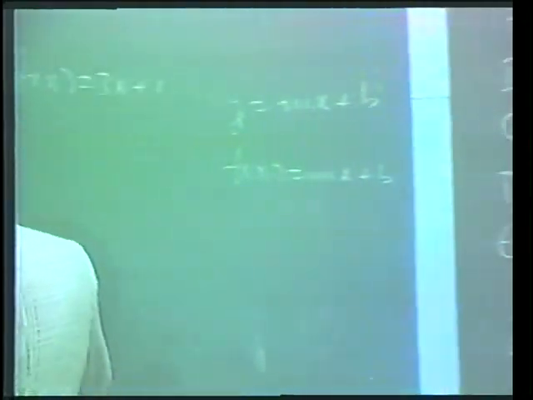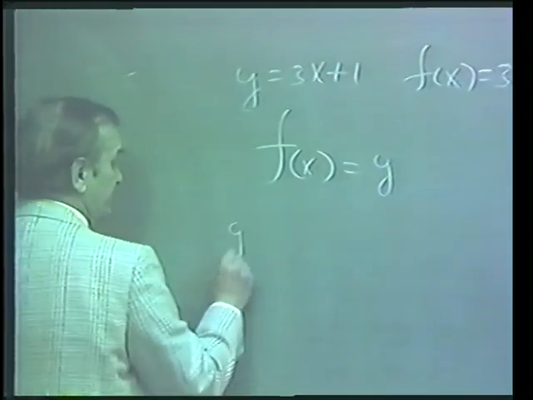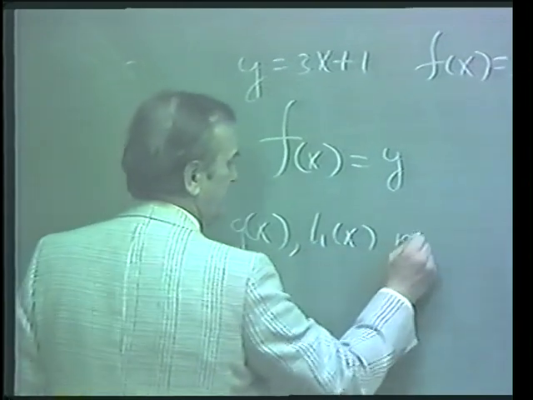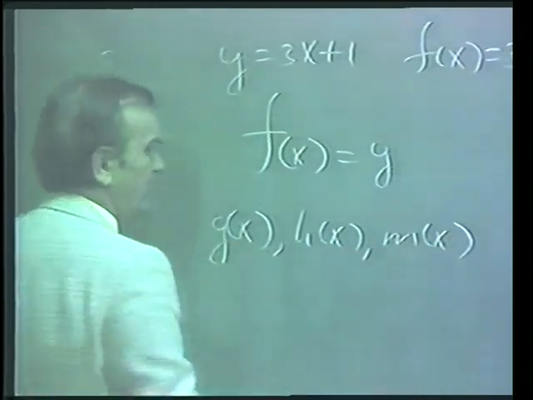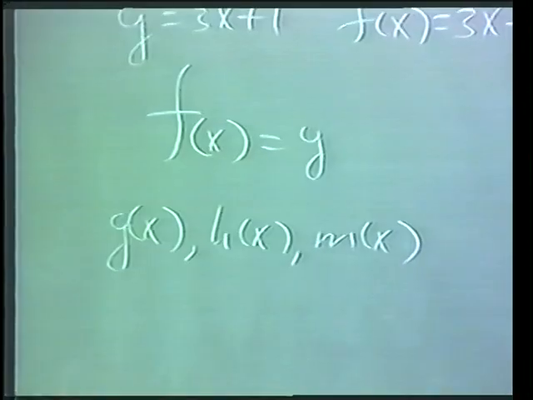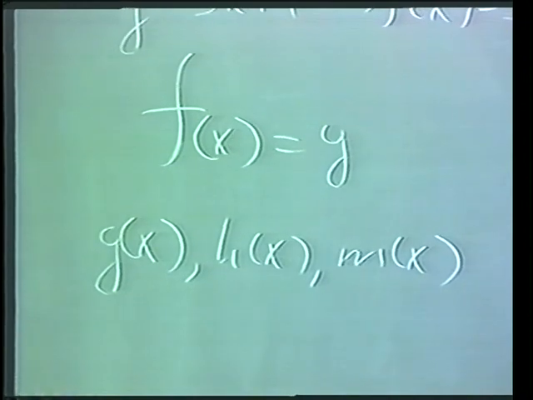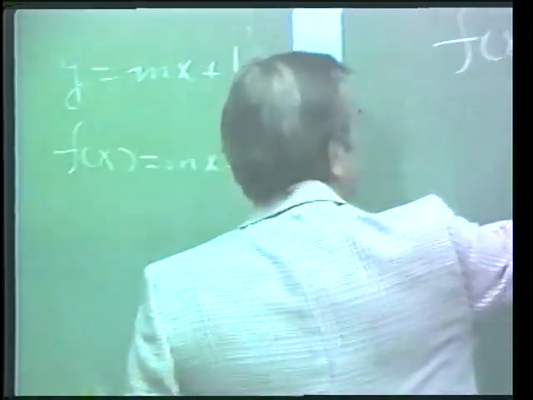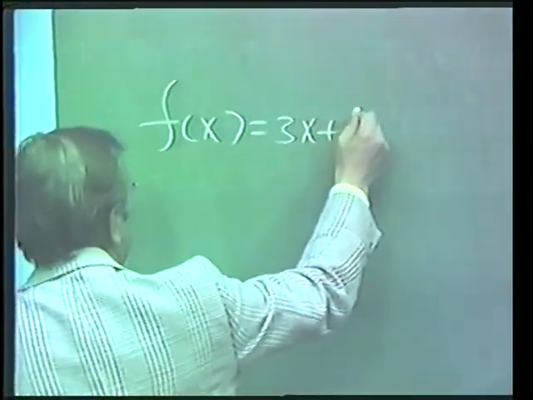The symbolism we use for functions is f of x. We also use g of x, h of x, and m of x. These are the most common notations. They all represent y. That's all they do, is represent y. Okay? So let's go back to our given function. F of x is equal to 3x plus 1.